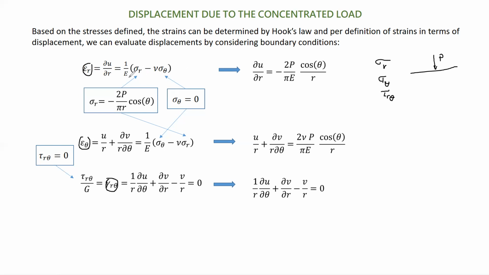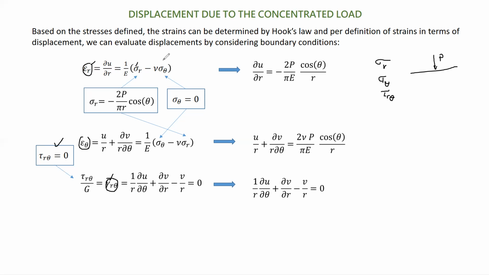Which is 1 over E sigma r minus nu sigma theta, that gives epsilon r. Sigma theta minus nu sigma r over E gives epsilon theta. And gamma r theta is my shear strain. Because the solution we provided showed that tau r theta is 0, gamma r theta should be also 0. Now, I know derivative of u with respect to r is epsilon r.